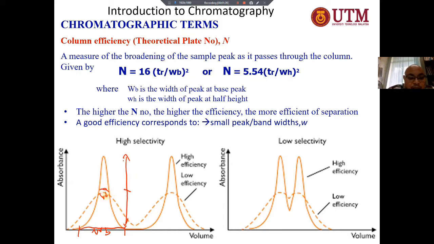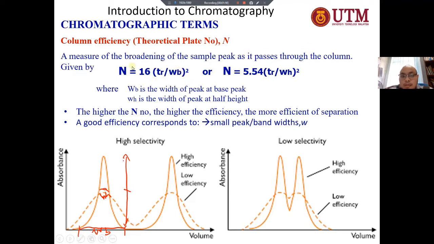So here is WH. If the question gives you the width at half height, please use this formula, don't use the other. And vice versa, if the question gives you WB, don't use this formula.